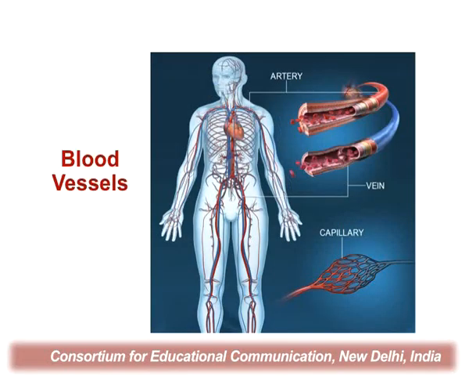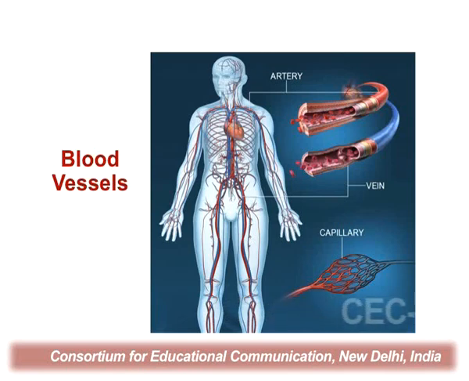Now we will study the blood vessels also, because they are very important as far as the circulatory system or heart is concerned. In this picture we can see three types of vessels: artery, vein and capillaries. You can also see that arteries are shown in red color and veins in blue color.